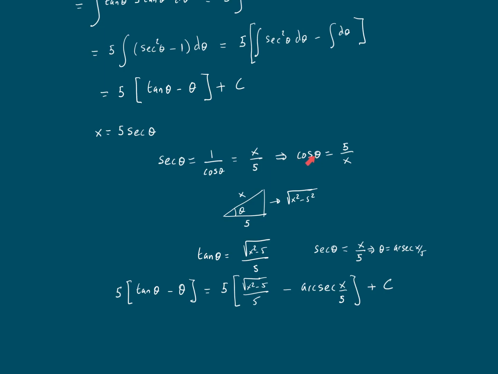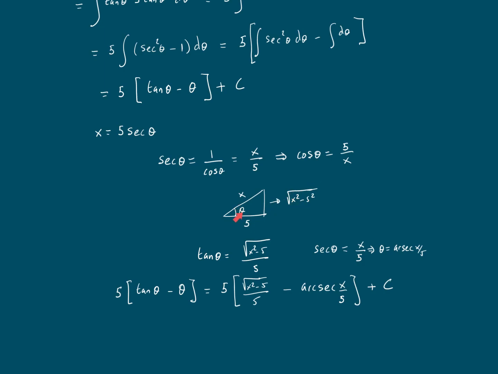So cosine of theta is 5 divided by x. So cosine of theta is adjacent 5 divided by hypotenuse x. So this is the adjacent, this is the hypotenuse, so the other side is the square root of hypotenuse squared minus 5 squared. So this side is the square root of x squared minus 5 squared.